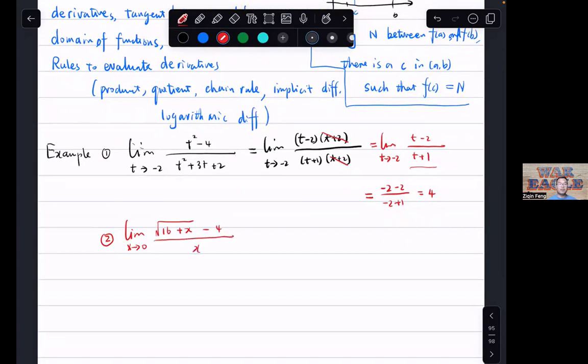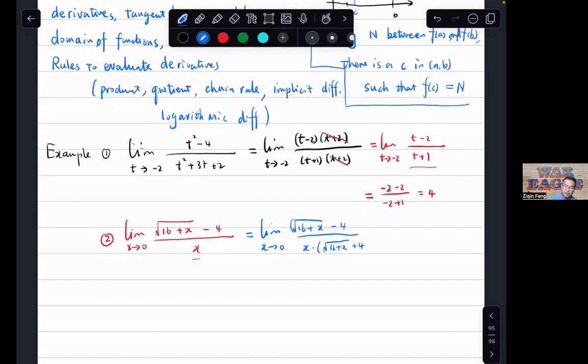Somehow you want to cancel the zero factor. The zero factor here is x because that's a factor that makes our denominator 0. So we want to cancel that. One way to do that is to multiply by the conjugate, as x goes to 0, to get rid of the square root in the numerator. So (square root of (16 plus x) minus 4) over x, times (square root of (16 plus x) plus 4).